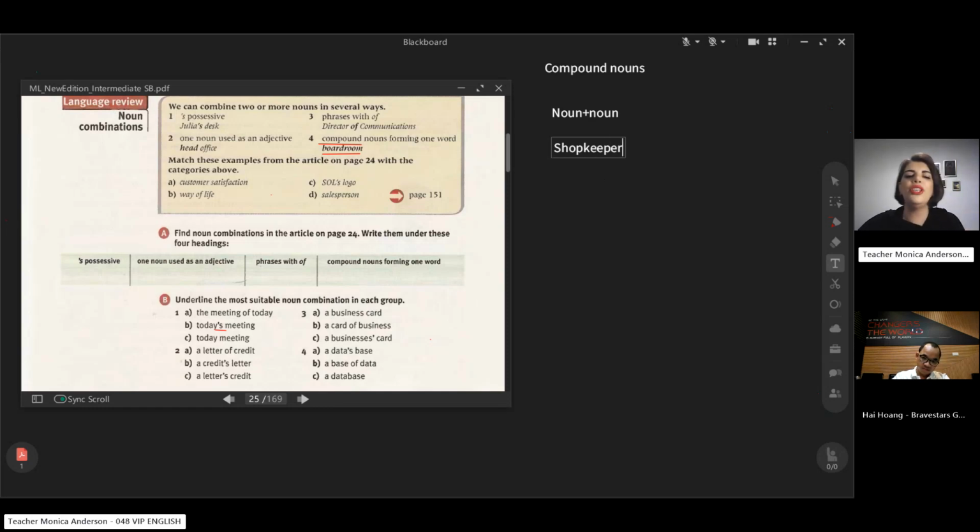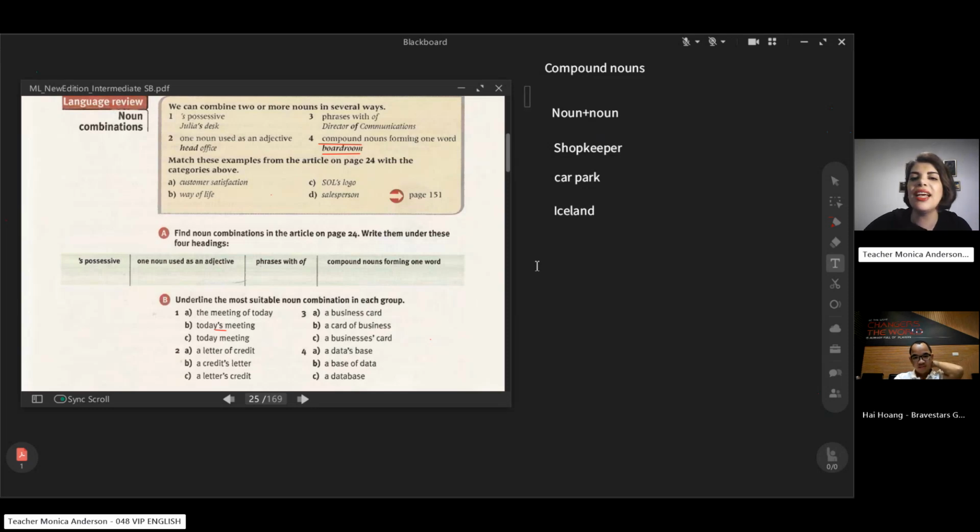Shop is a noun, keeper is a noun, shopkeeper is a noun. Or car park. Or, for example, Iceland. So something like this, a combination of noun and noun.